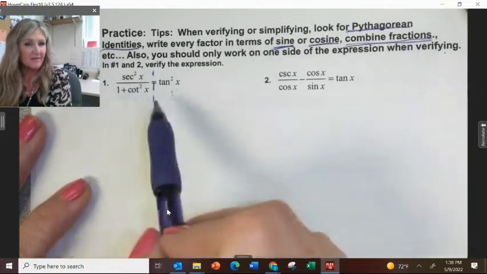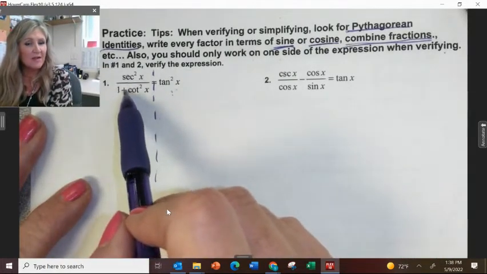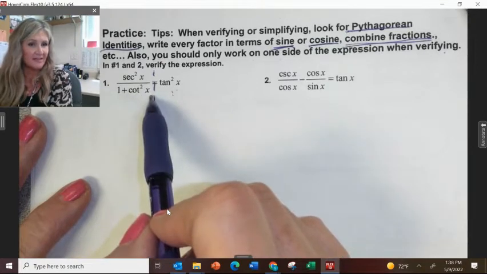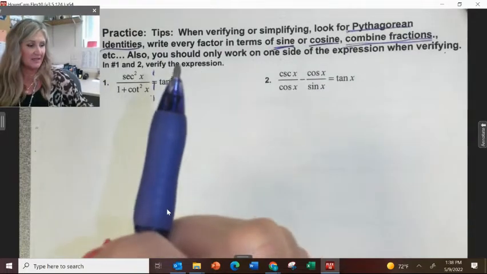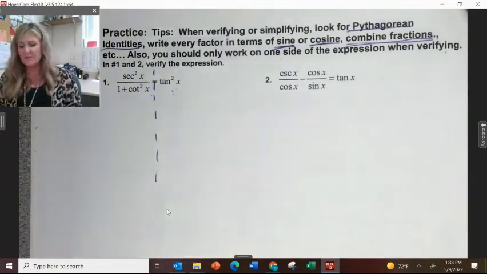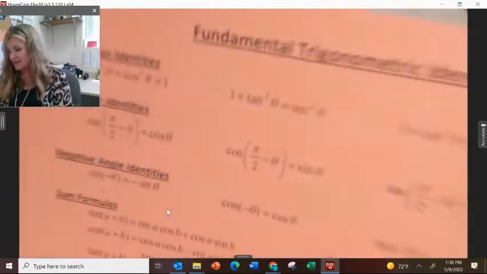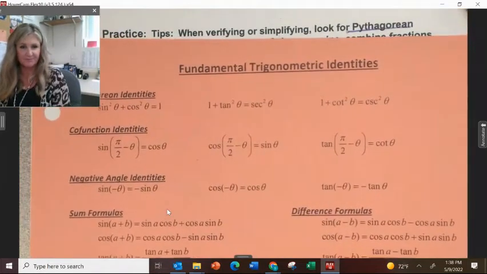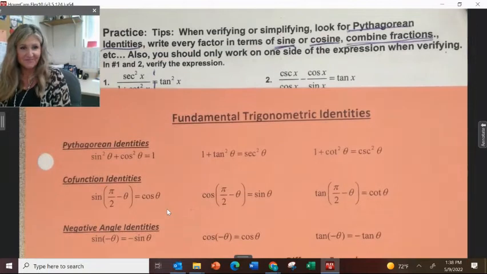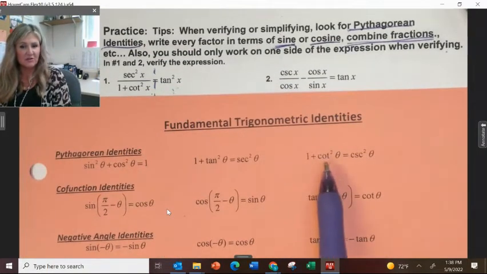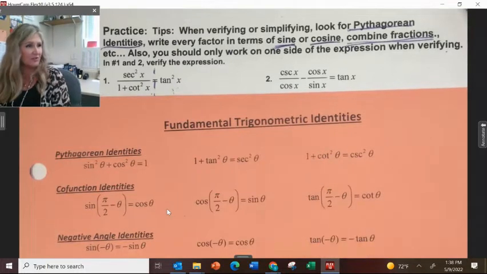All right. When I see 1 plus cotangent squared x, I'm automatically thinking of a Pythagorean identity. Rather than flipping back, let's look at this paper right here. Or you can flip back if you want. What am I told that 1 plus cotangent squared of an angle is equal to?